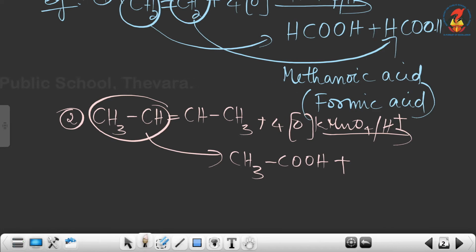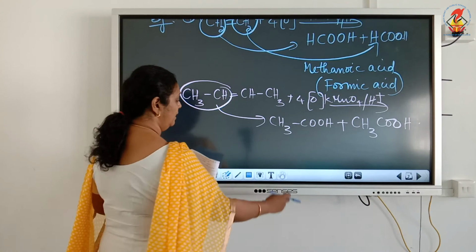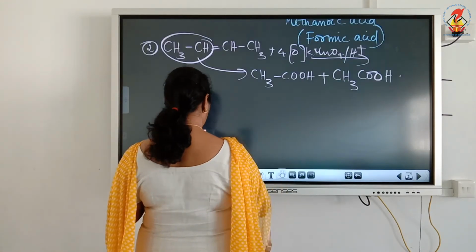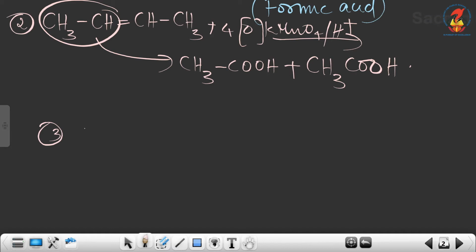Here also we have 2 carbons, so again the product that we get is CH3COOH. This is our ethanoic acid or acetic acid. Now the next example, example 3. CH3CH=CH2.